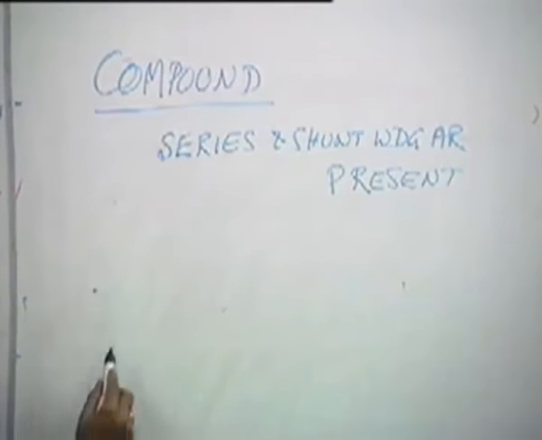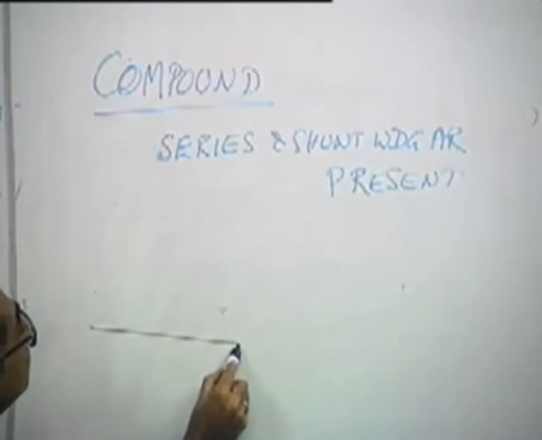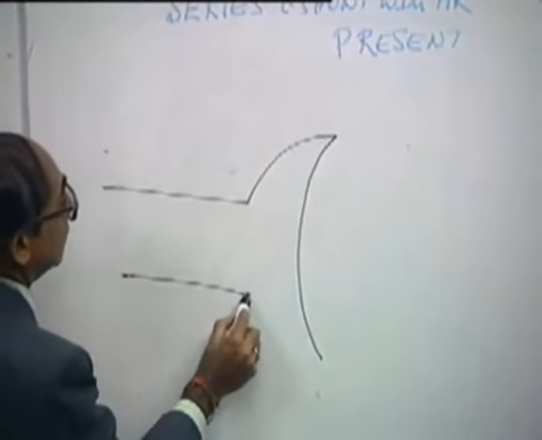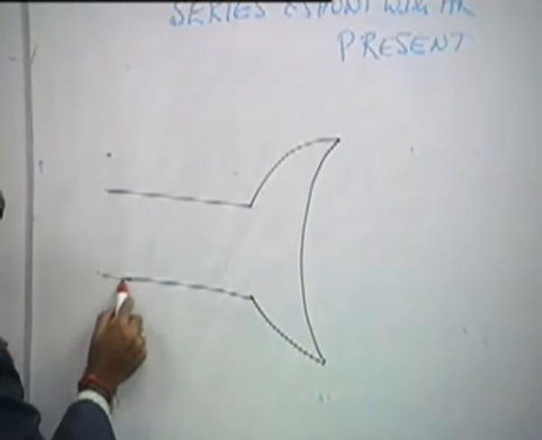Now we could see, that means on the same pole, let us say this is the pole, schematically we can say that we have both the windings.